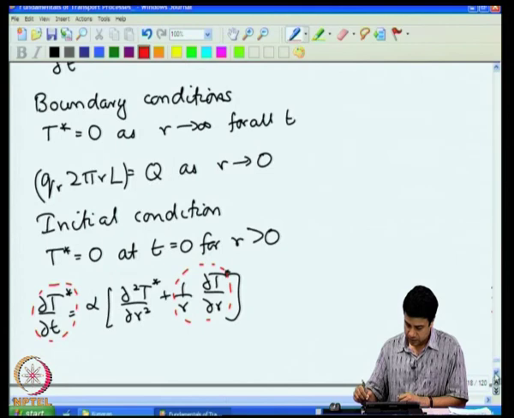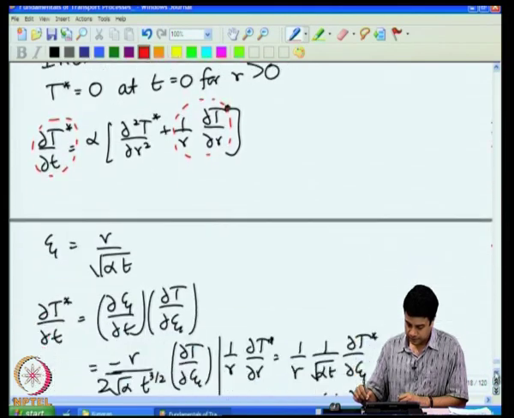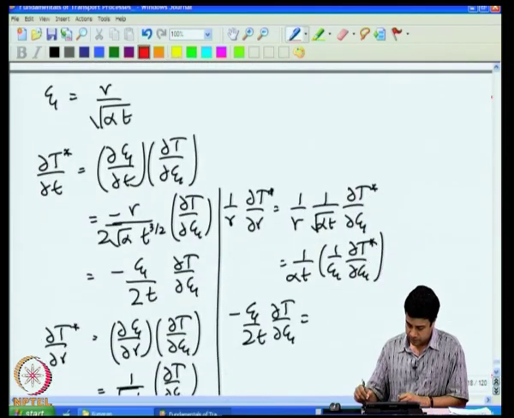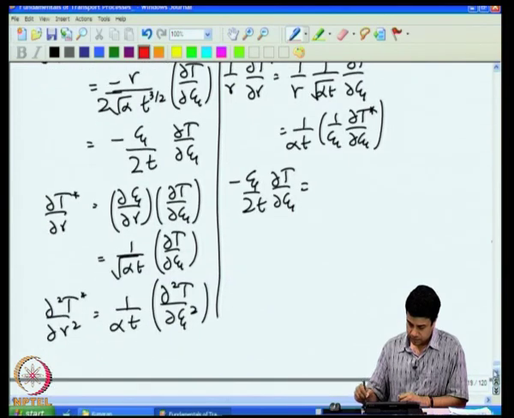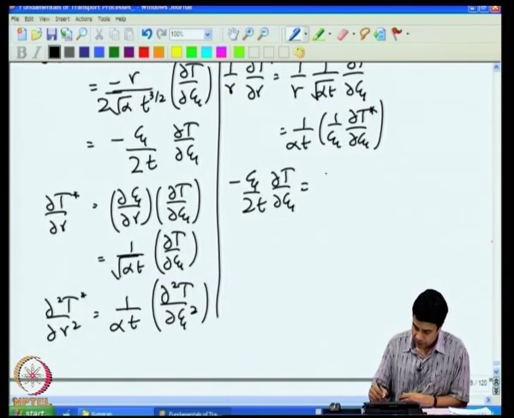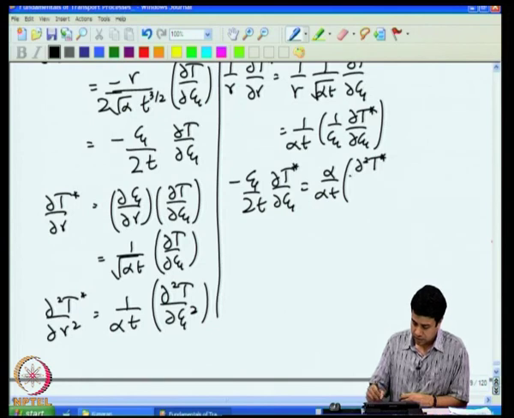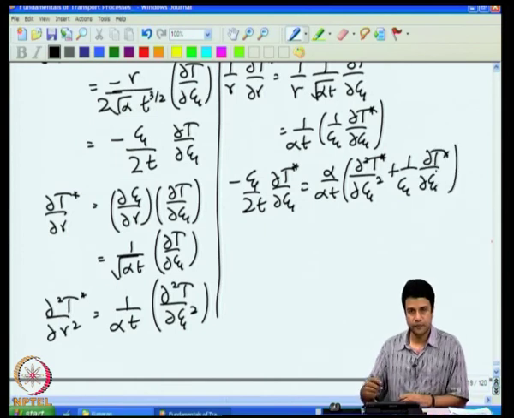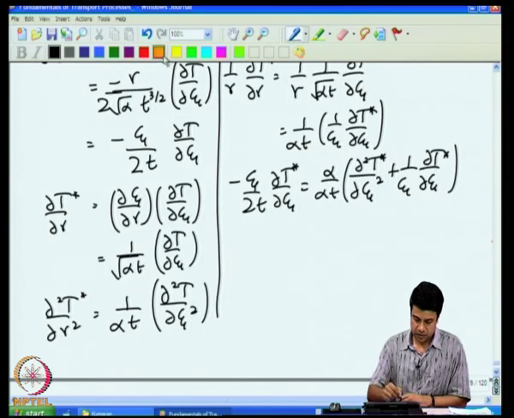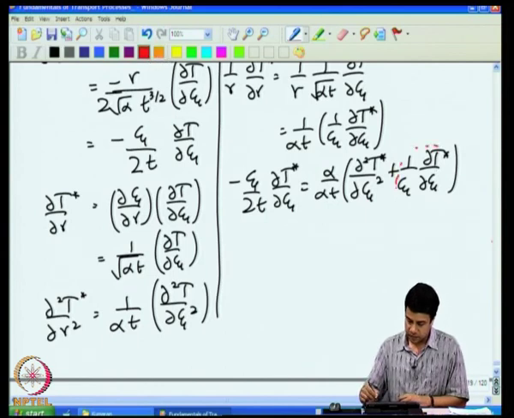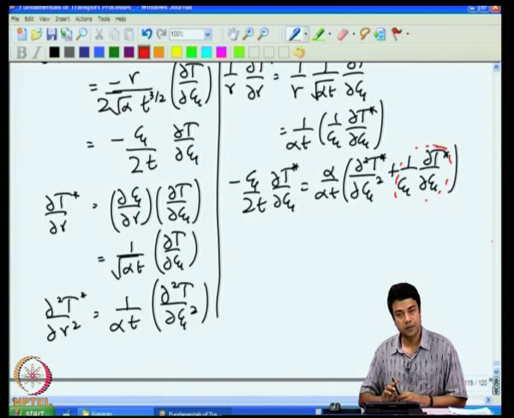Okay. This thing is equal to alpha by alpha t times d square T by d psi square plus 1 over psi dT by d psi. And note this additional term which was not present when we did the equation in the Cartesian coordinate system.